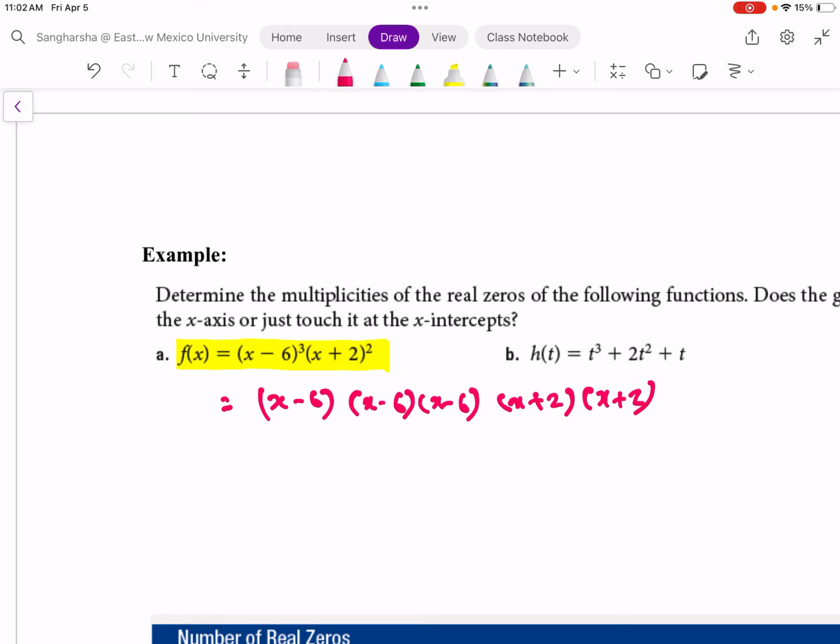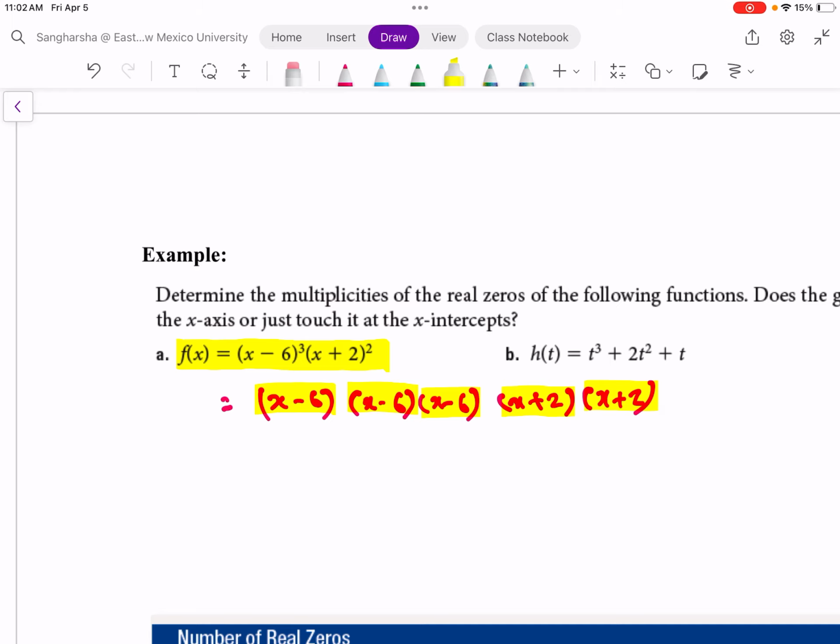So x minus 6 appears 3 times, and x plus 2 appears 2 times. This x minus 6 is repeated 3 times, and x plus 2 is repeated 2 times, which is the exponent of each factor.